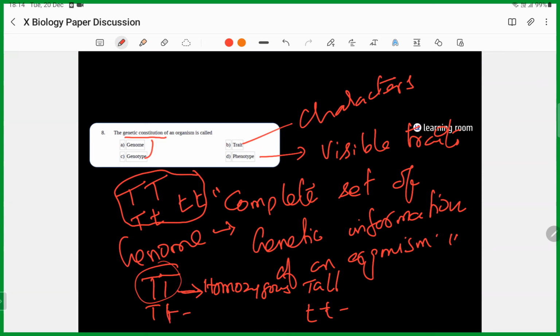And then how do you describe this? Heterozygous tall. Is it clear? That is called heterozygous for tall. Then how to describe this?